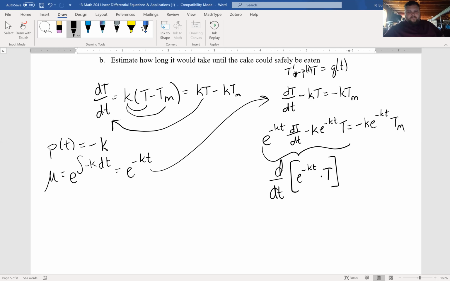The derivative of temperature with respect to time is dT/dt, and we leave the e to the minus kt alone. That's our first term. If we were to differentiate the exponential, we would get a minus k down in front, and then the exponential again, e to the minus kt, times temperature. And then of course the right-hand side stays the way it is. So everything checks out there.